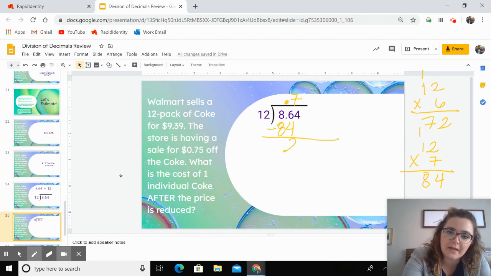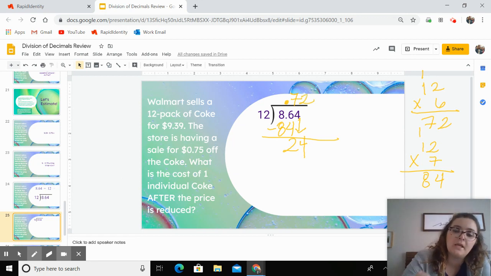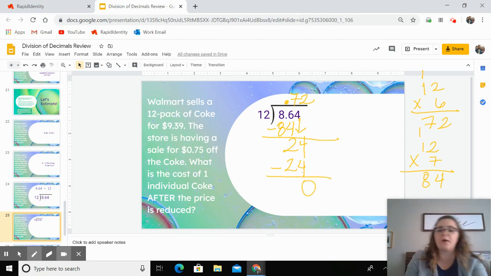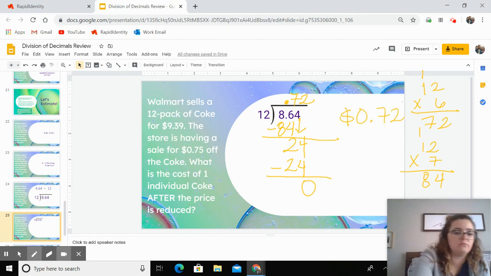I'm going to subtract, and I'm left with 2. That also tells me that 7 is right, because 2 is less than 12. I'm going to carry down my 4. How many times can 12 go into 24? It can go in twice. 2 times 12 is 24, so this is one of those nice ones where we get to just stop there without adding any zeros. Now we know that the price of each Coke is 72 cents after that discount, which is pretty cool.